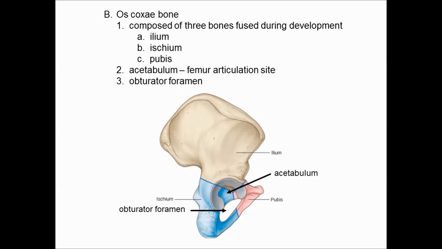The largest foramen in the body is called the obturator foramen, and it's right here. You read in some anatomical books that some ligaments and muscles pass through there, but most people that are experts in anatomy say it's covered by a membrane, which is an attachment site for muscles. But anyway, it is a very large foramen called the obturator foramen.